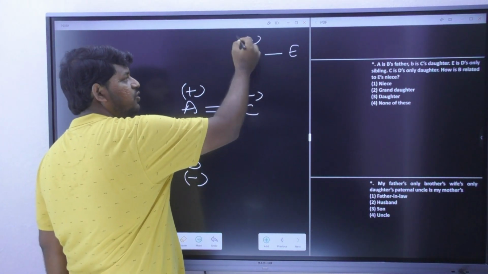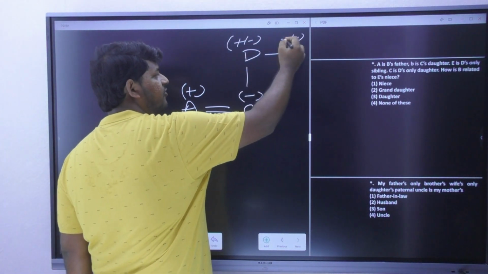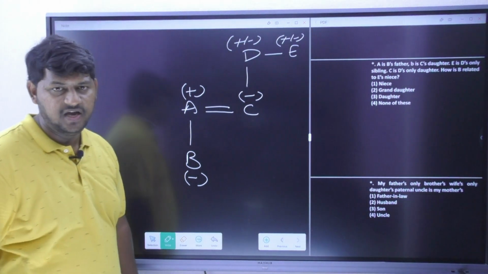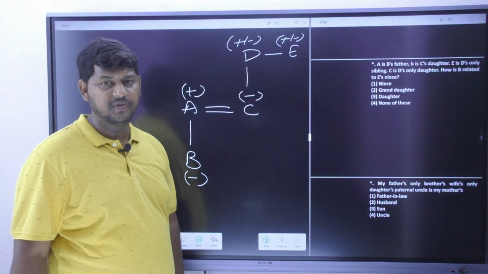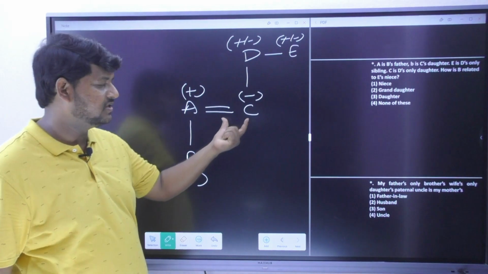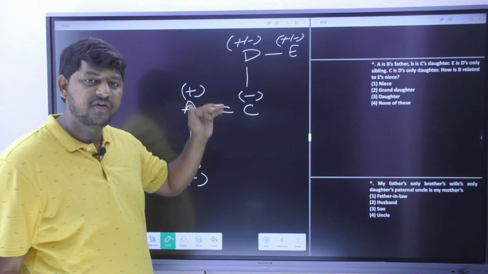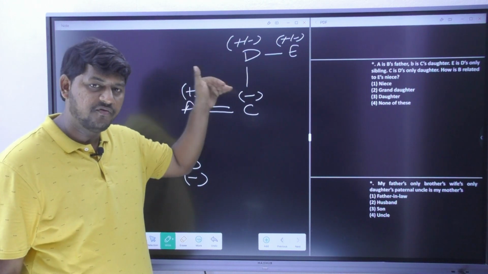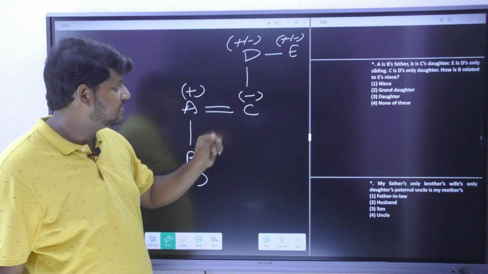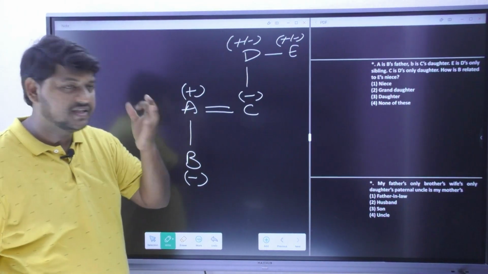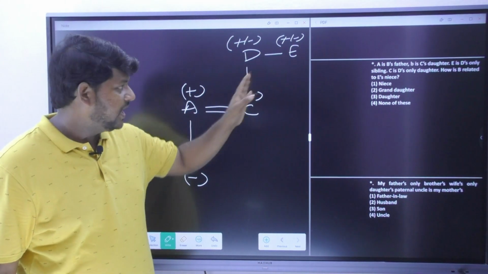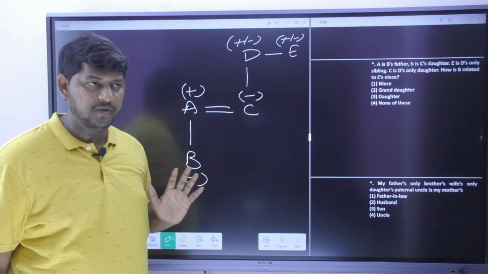It means you cannot confirm the gender of both E and D. It is not possible to confirm the gender of D because it is mentioned C became the daughter of D, but it is never mentioned whether D is the mother or father of C. As well as D got only one sibling, that is E. It could be either male or female, correct?